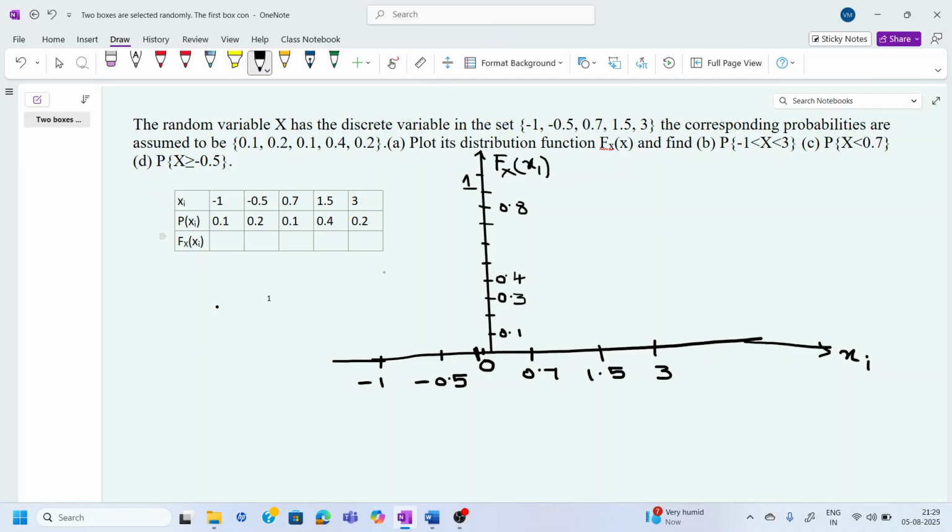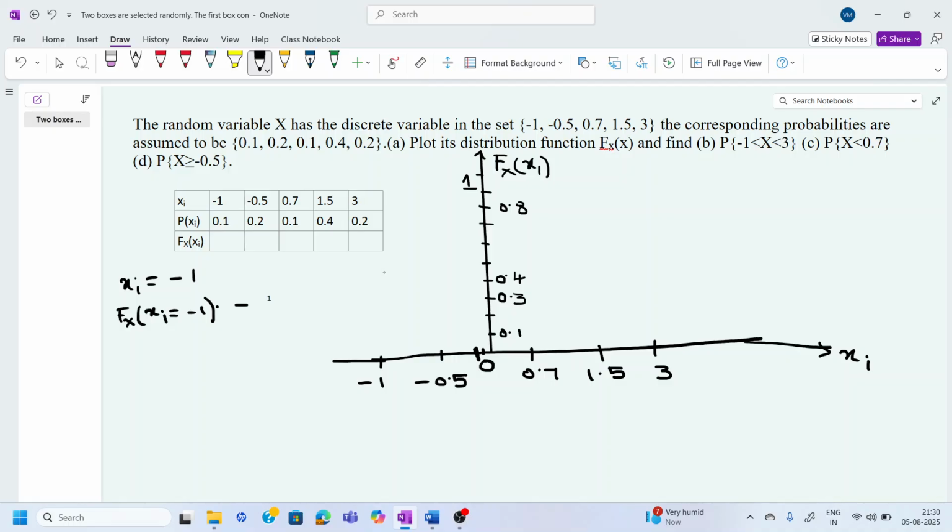In order to plot the distribution function, we have to find the distribution function for each value the random variable takes. So first, the starting xi value is -1. So first we have to find Fx of xi at xi equal to -1.